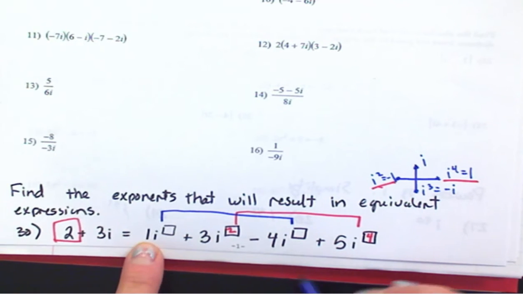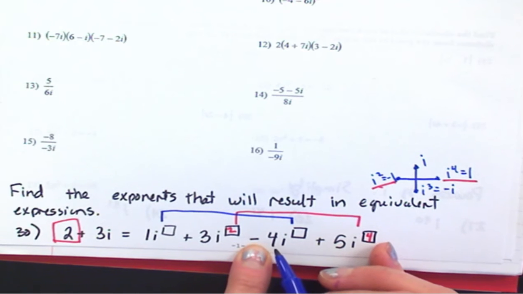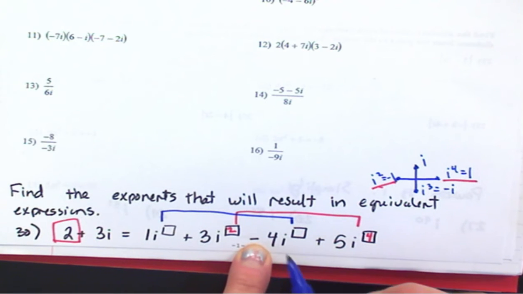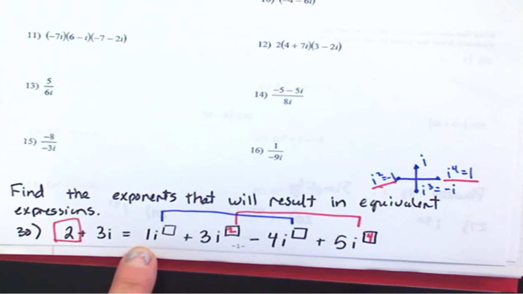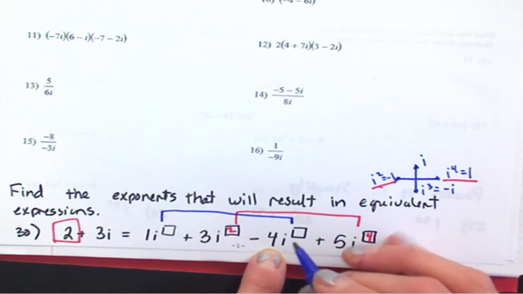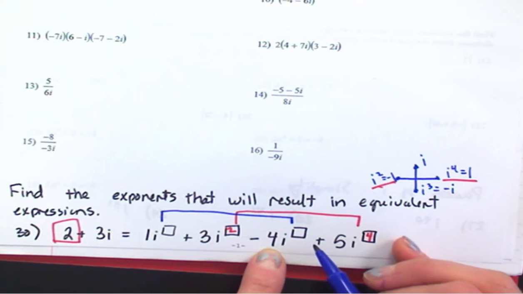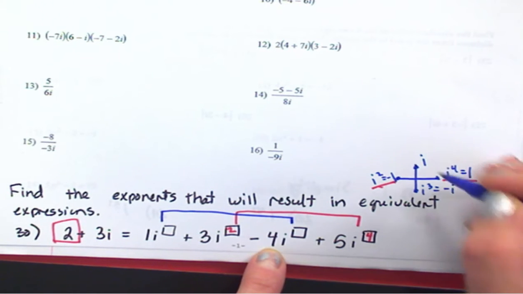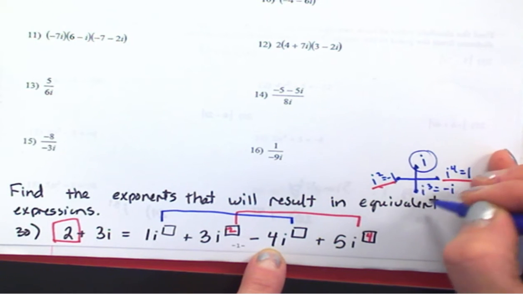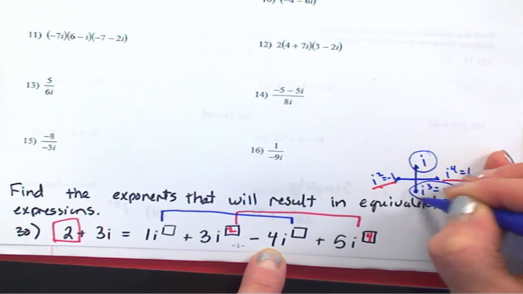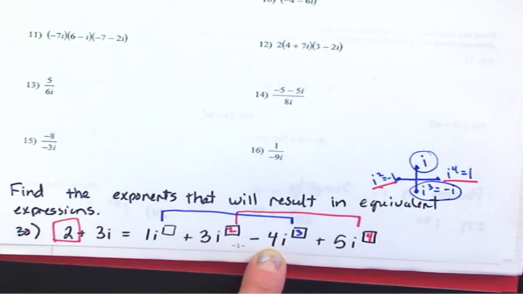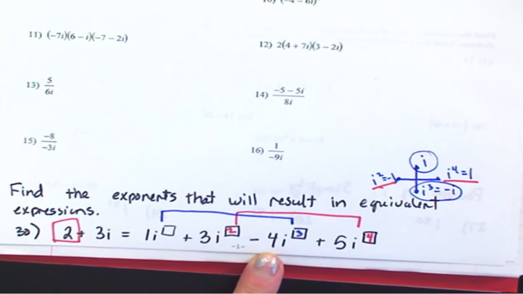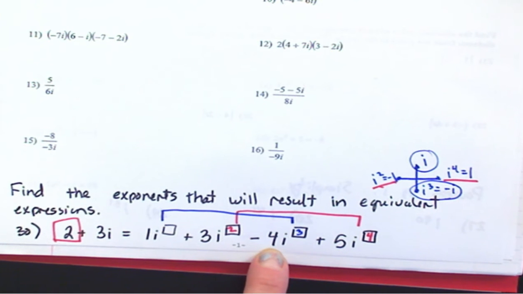This one is a little tricky because I need this to be positive 4 and this to be negative 1. Well, really I need this to be positive 4i. So I need it to be up here or here. I think I have to do a 3 because that's going to give me positive 4i.